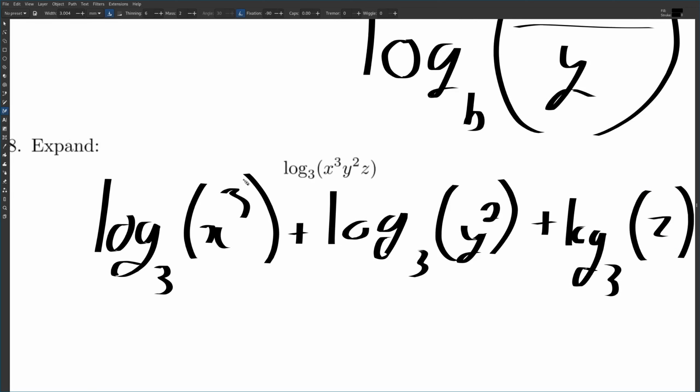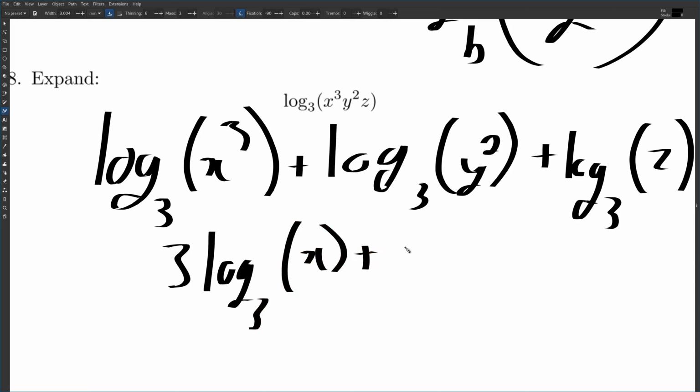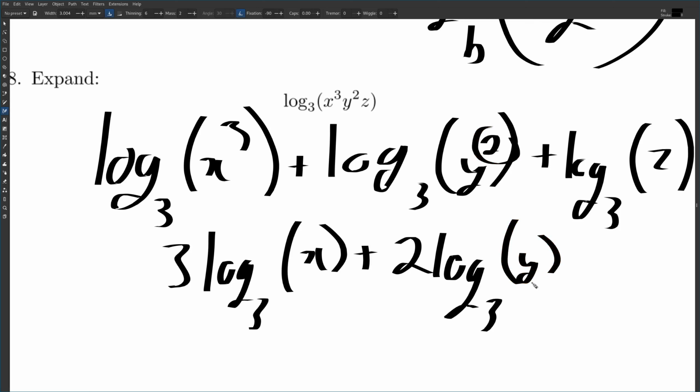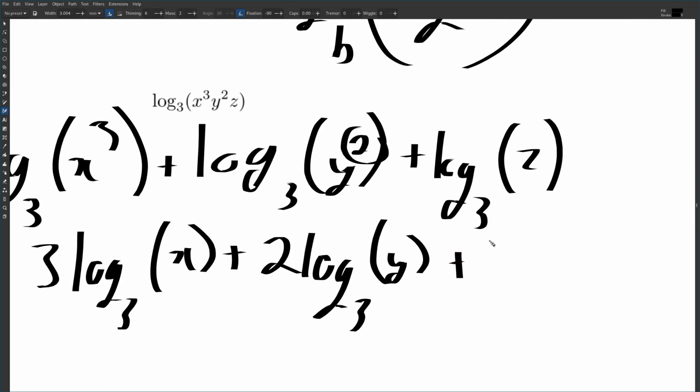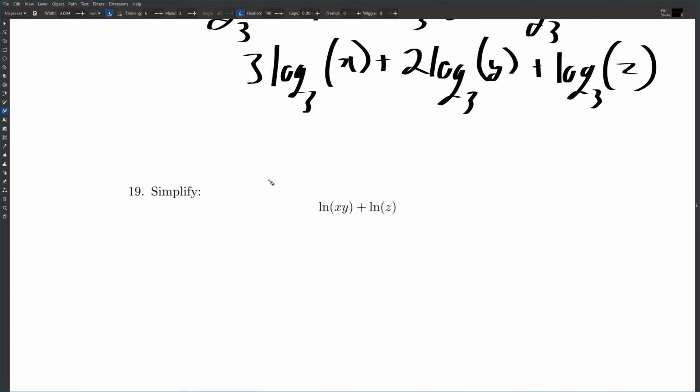And since we have some powers here, and we want to expand, we're going to put them on the outside. So 3 log base 3 of x plus 2 log base 3 of y, the 2 just comes from here, plus log base 3 of z. Okay, we're done with that one.